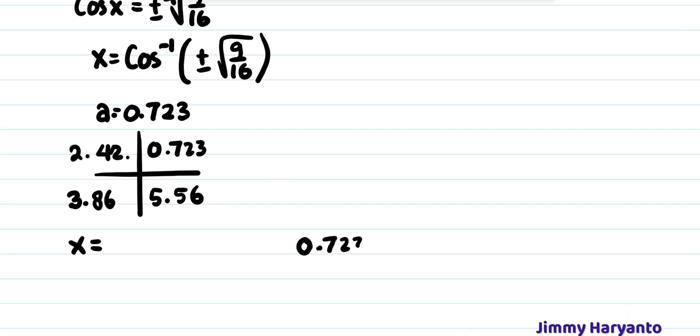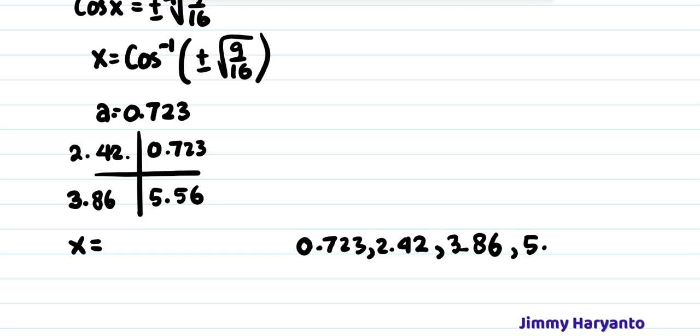This one, 0.723, and then 2.42, and then 3.86, and then 5.56. Okay, let's subtract them by 2 pi.